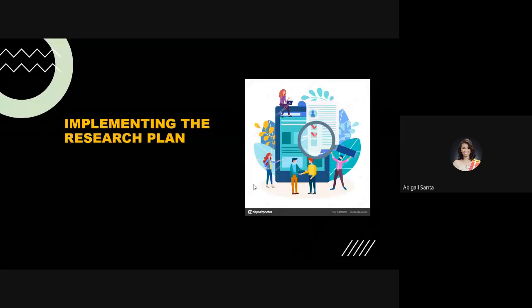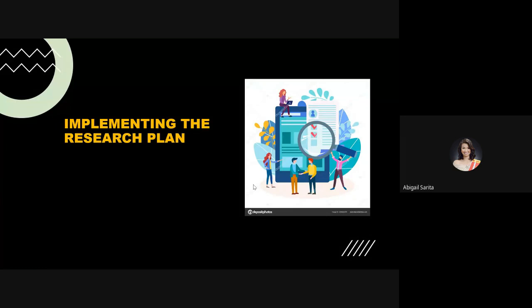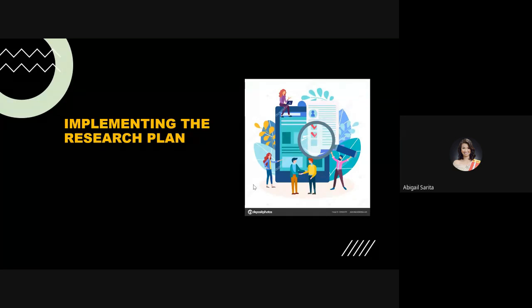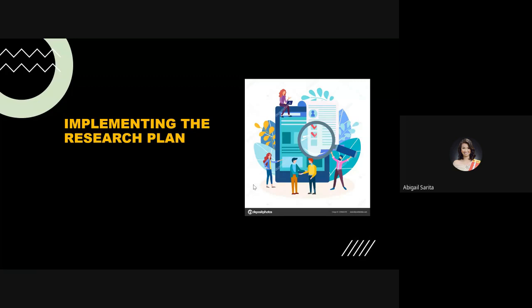Next, implementing the research plan. So now, meron ka ng nagawa mo na yung mga step by step, meron ka ng research plan, meron ka ng action plan. Now, paano mo siya isasagawa or paano mo siya gagawin? Paano mo siya i-disseminate or ilalatag? First is you collect data. Again, you will collect data. Collecting of data is very essential to every research plan.